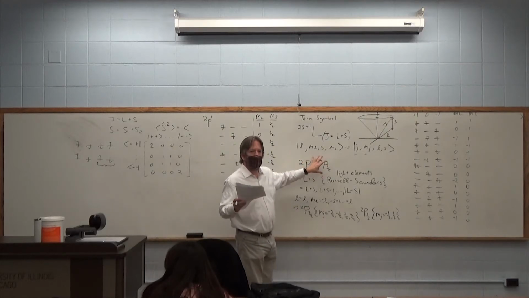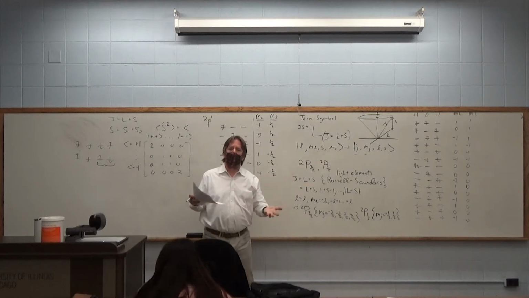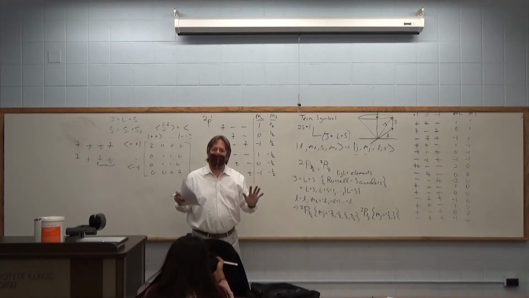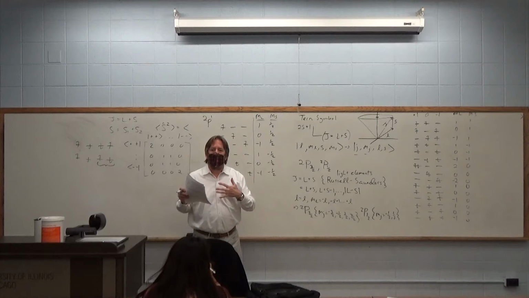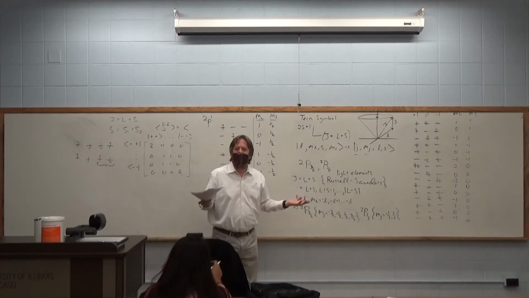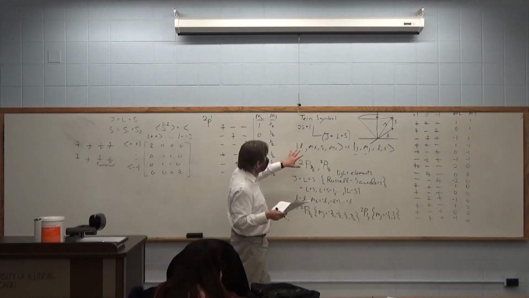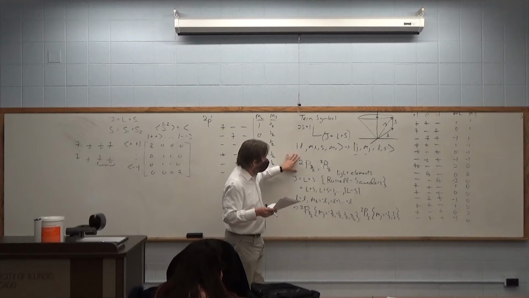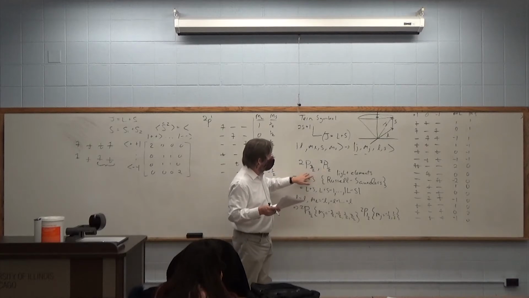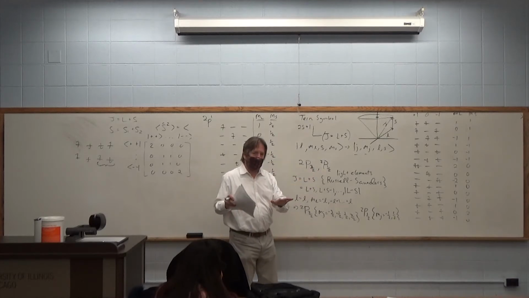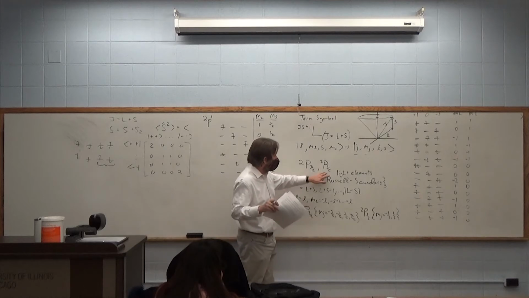I just want you to know that those rules exist. They're called Hund's rules. They're very fundamental to spectroscopy because spectroscopy on an atom is where you begin. You're not going to get simpler than that. Even for something as simple as a 1p state, you need to learn how to write the term symbols, and then you learn how to do the energetic ordering. Those are Hund's rules. I'm not going to cover them, I just want you to know they exist.